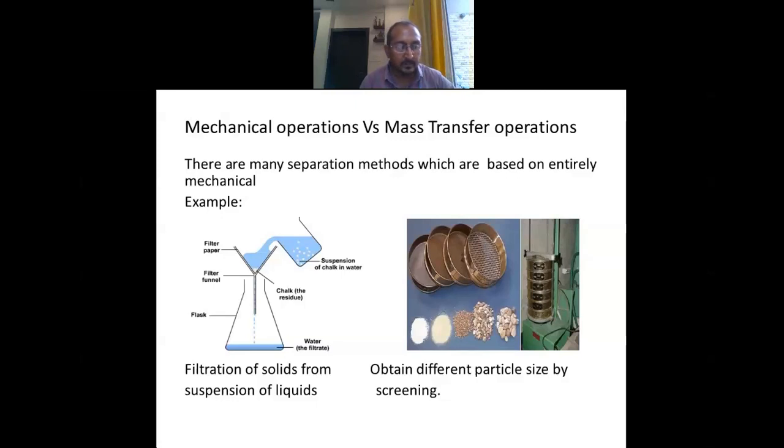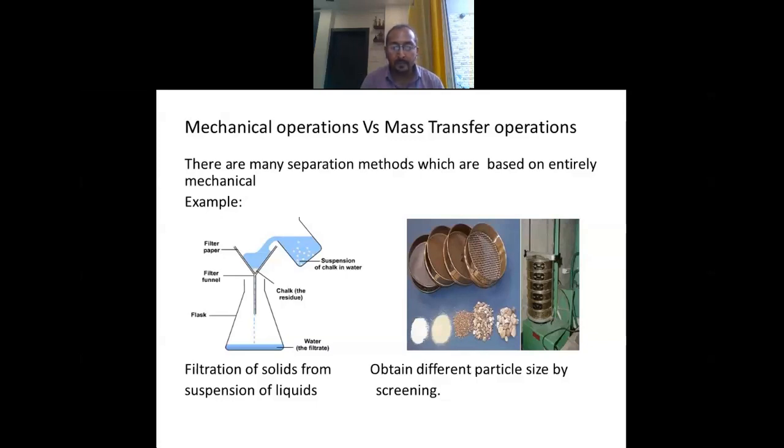For mixtures, such separation may be entirely mechanical. For example, filtration of solids from suspension in liquids. Like the example shown, a suspension of chalk in water. So we have a filter paper and we separate that chalk from the suspension in water by filtration. So this separation is entirely by mechanical means.